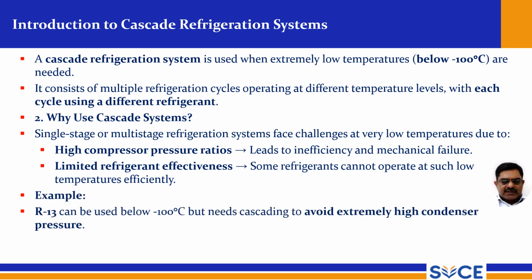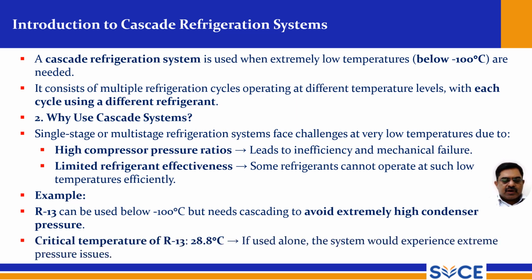An example is R13. R13 can be used below minus 100 degrees Celsius, but needs cascading to avoid extremely high condenser pressure, which should be avoided. The critical temperature of R13 is 28.8 degrees Celsius.